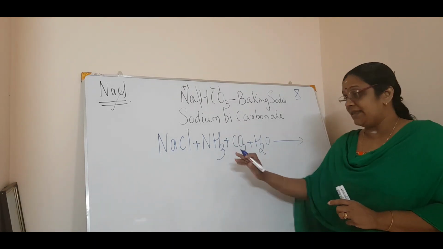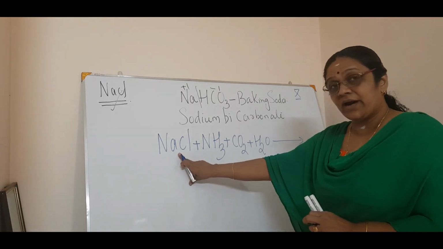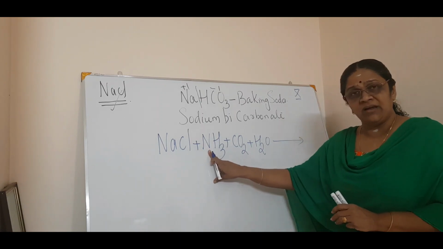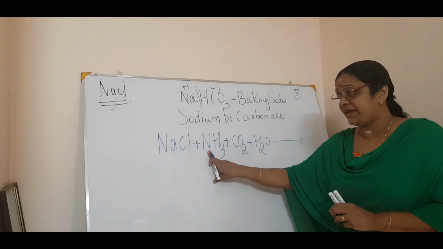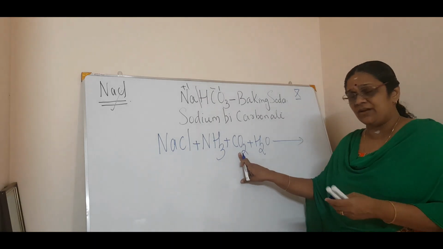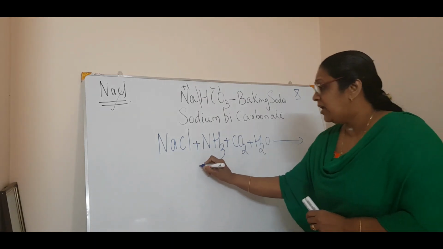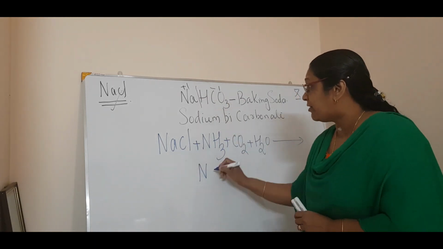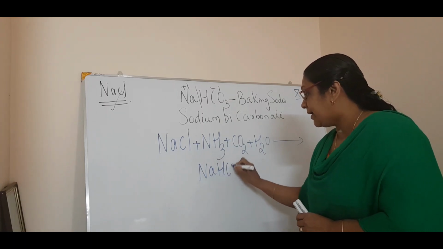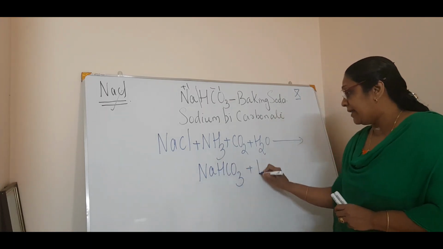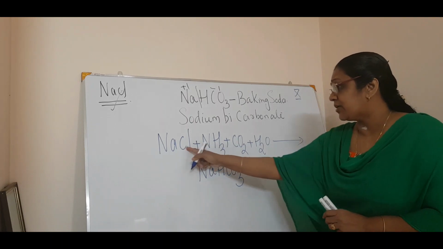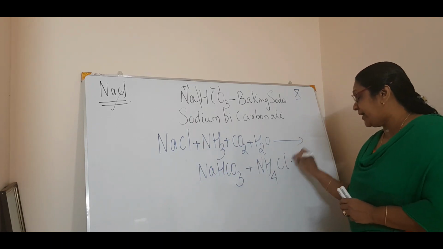What are they? Sodium chloride plus ammonia. You know ammonia, in fertilizers you have studied in biology, right? Ammonia, then carbon dioxide and water. What will you get? You will get 2 products. One is our product, sodium bicarbonate or baking soda, and the other is ammonium chloride.